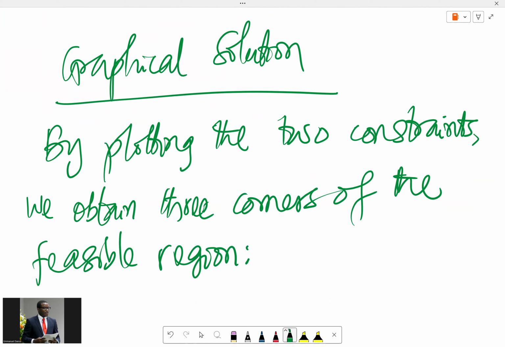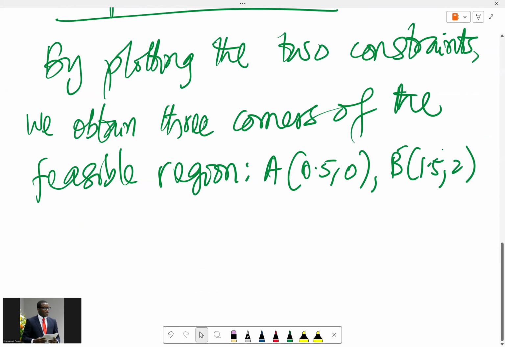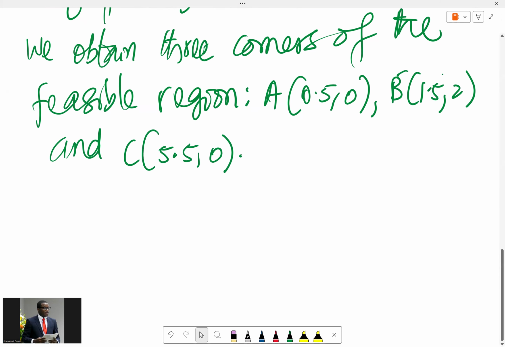And they are basically what I can call A, which is 0.5 comma 0, B is 1.5 comma 2, and C which is 5.5 comma 0. But we want to know which one is the maximum.